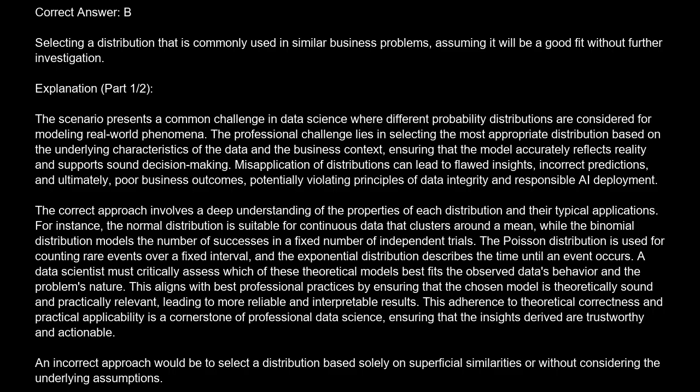For instance, the normal distribution is suitable for continuous data that clusters around a mean, while the binomial distribution models the number of successes in a fixed number of independent trials. The Poisson distribution is used for counting rare events over a fixed interval, and the exponential distribution describes the time until an event occurs. A data scientist must critically assess which of these theoretical models best fits the observed data's behavior and the problem's nature.